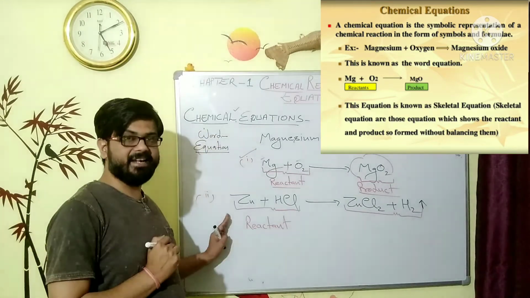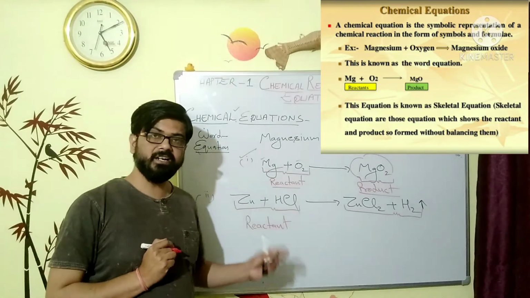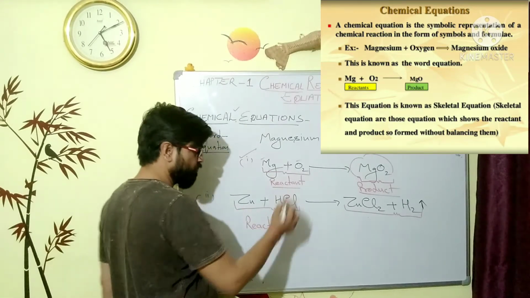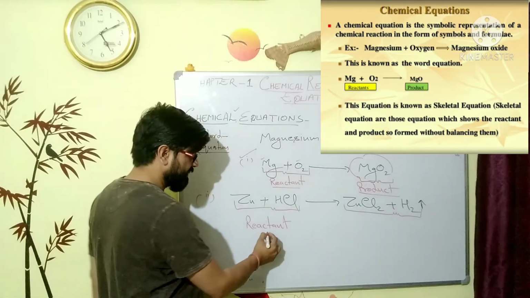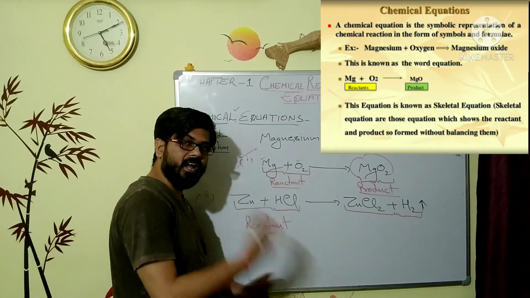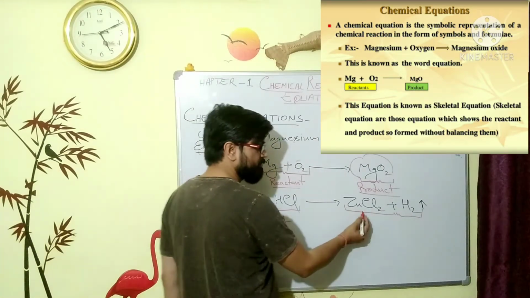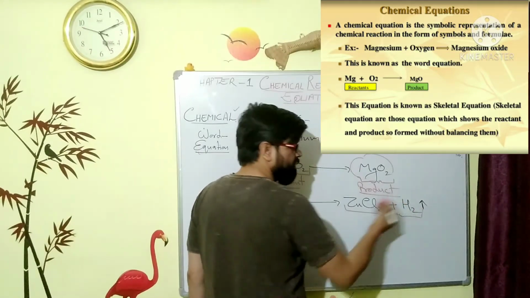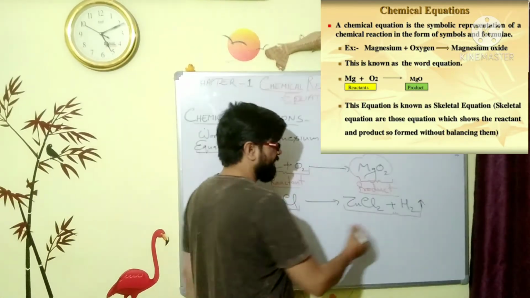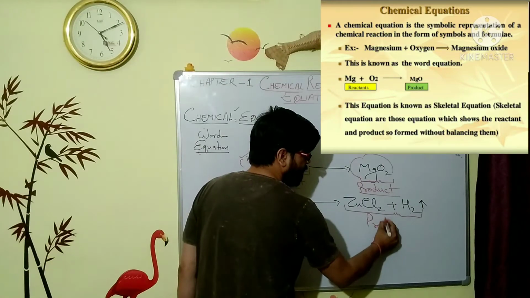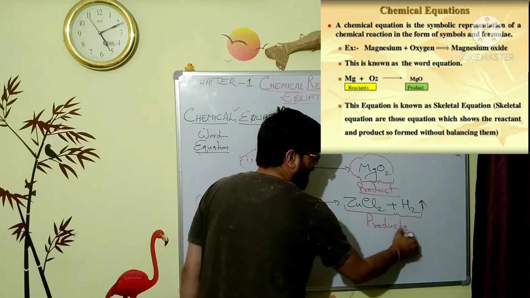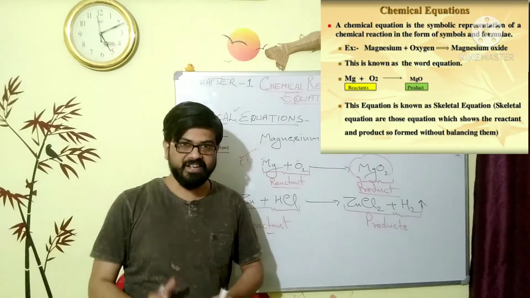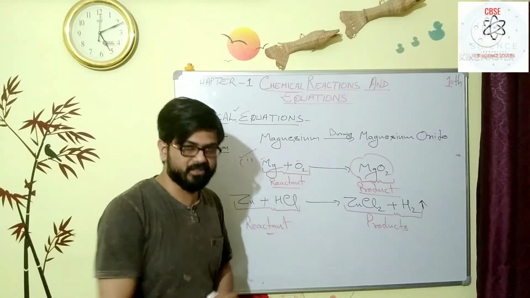In the second case, when you dissolve zinc in hydrochloric acid, zinc and hydrochloric acid are the reactants. After the chemical change, the newly formed substances are zinc chloride, ZnCl2, and hydrogen gas, and those are the products. So in a chemical equation there are two things, reactants and products.